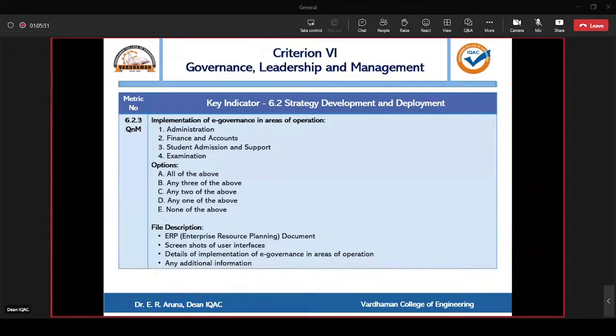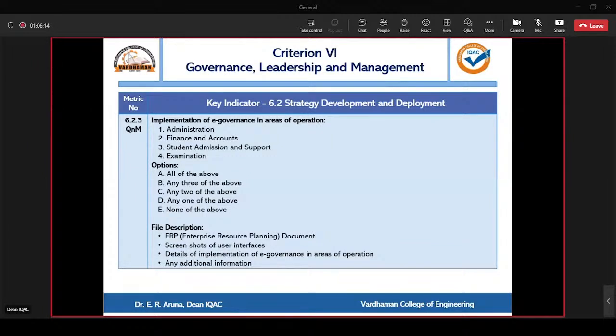And coming to student admission and support, we have a student corner and student portal, and for the library management system and some Binder, Edmodo, Vardhaman chatbot, like so many e-resources are there. How we are going to use those interfaces, we must have screenshots to upload for this QnM.